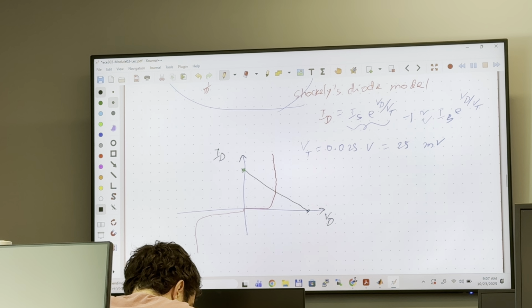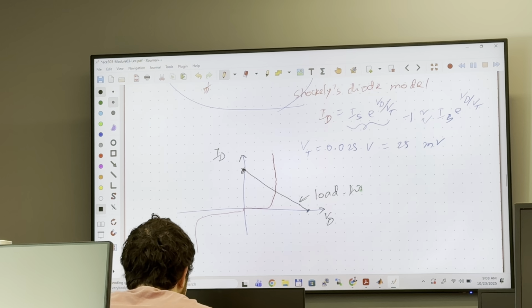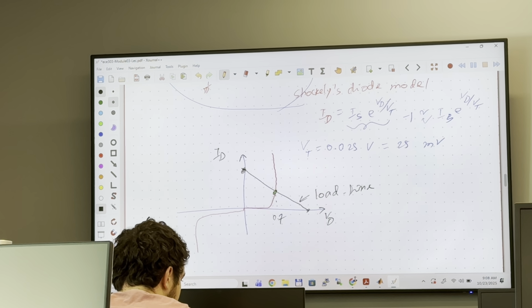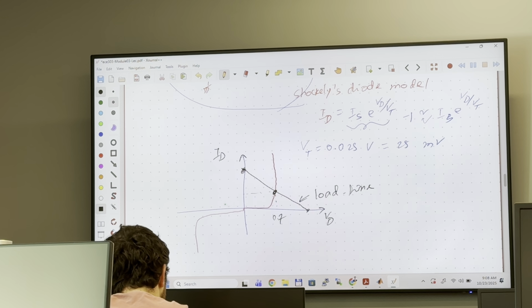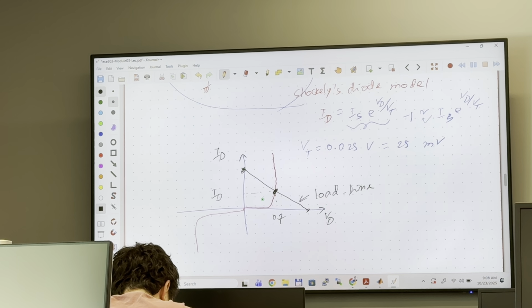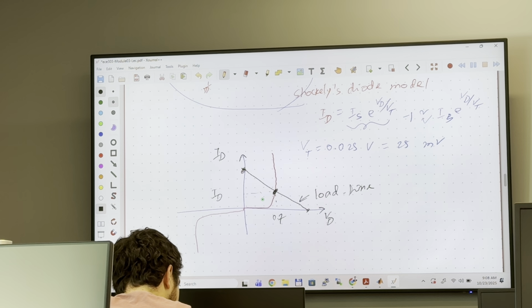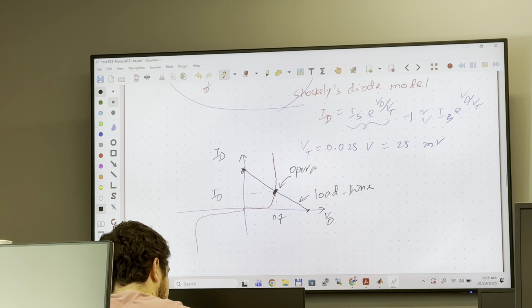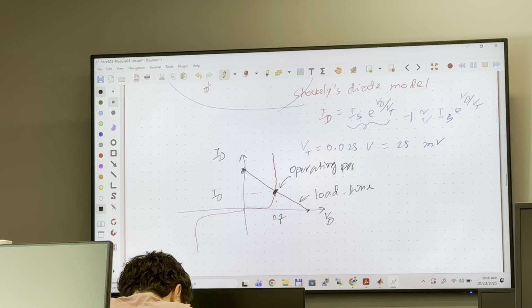We went over this load line in our class. So this is the load line, and this is the diode characteristics line. This is the point, approximately 0.7 volt, and you will have some current, which you can find using Shockley's equation. Okay, so you get this point. Now, the most important thing is this point is called the operating point, or people call it the Q point.